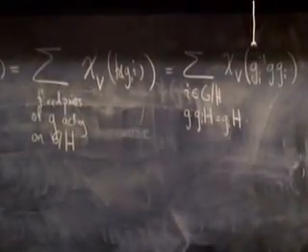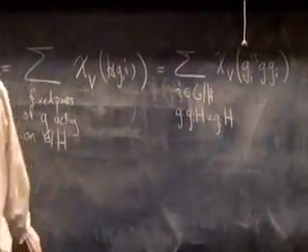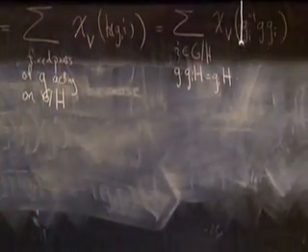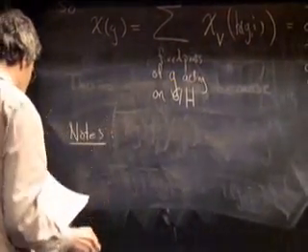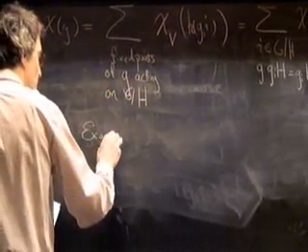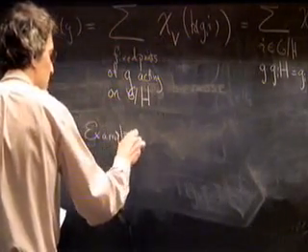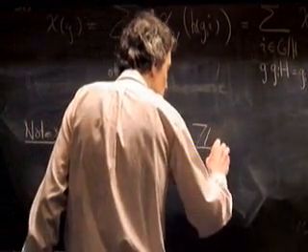Now, in the notes, I worked this out. This, again, probably looks pretty difficult and abstract. But in the notes, there's something else I want to do, so I'm not going to do it on the board. But in the notes, I work out an example. Simplest possible interesting example. I take H to be the group Z2.